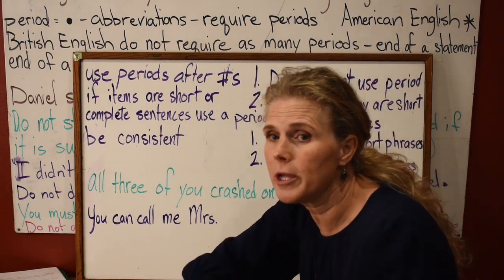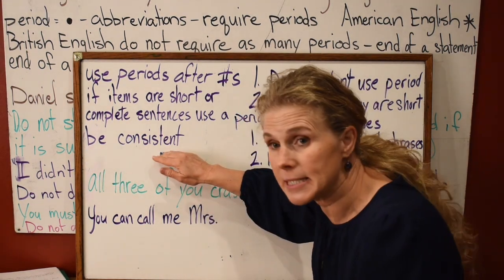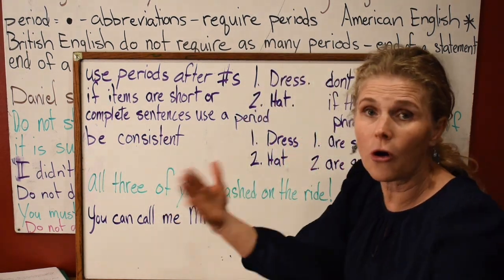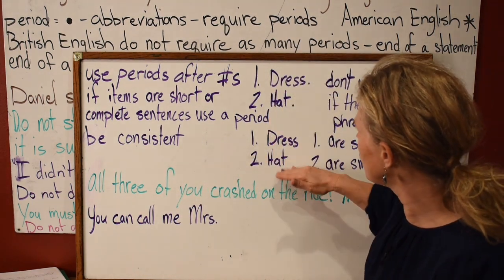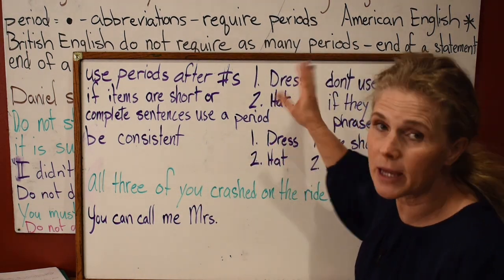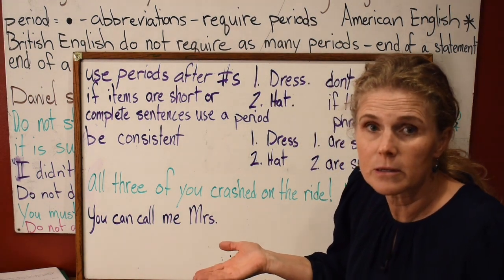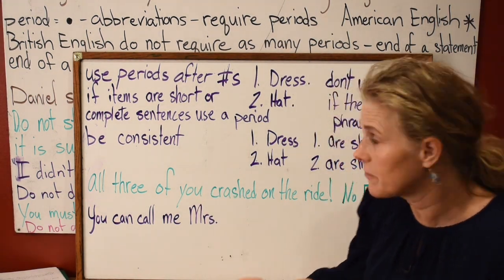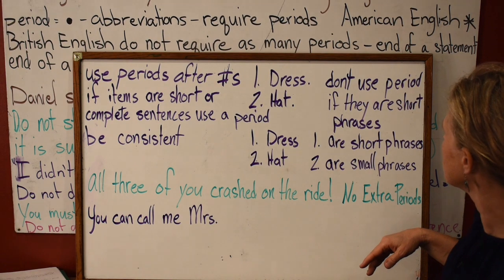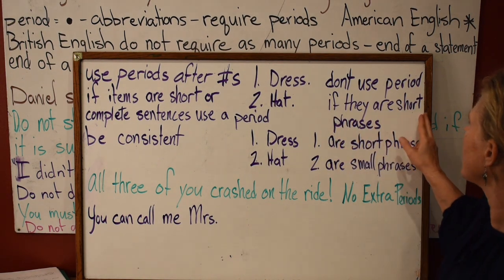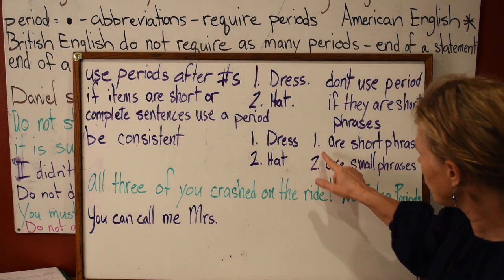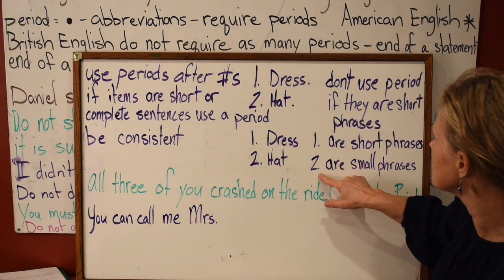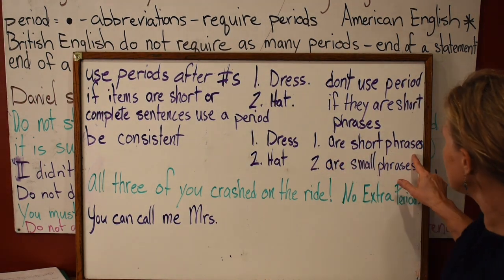But the whole point is when you're doing that, you have to be consistent. Do it all the same. You don't do this list with periods and then the other list without periods. Okay, on the same sheet if you're using numbers. Don't use periods if they are short phrases. Okay, so like we can use them in their numbers, but you don't use a period.